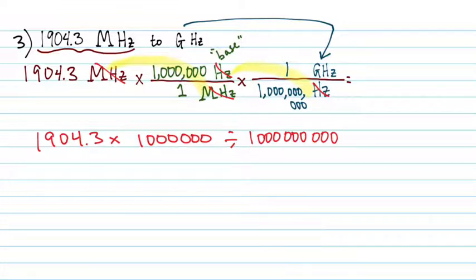And then, Hallie, what do you get for your final number there? After I do that operation, what I get. Do the calculation.